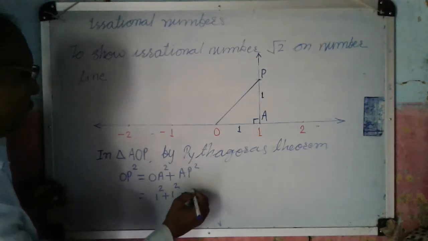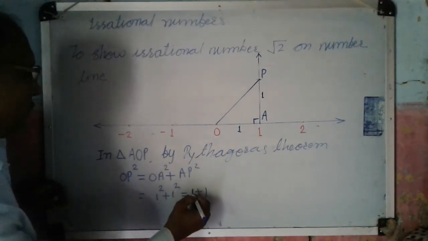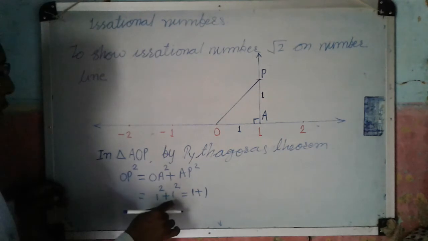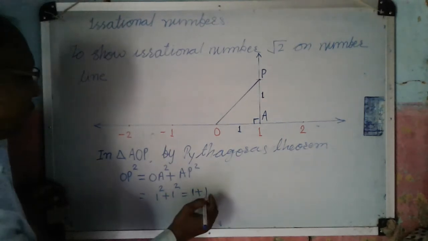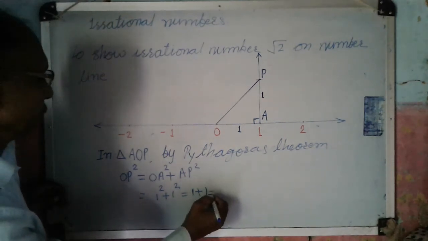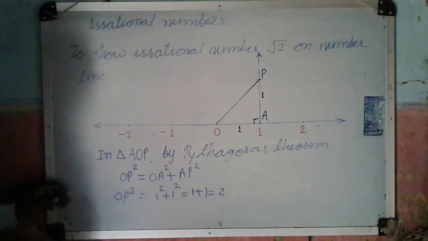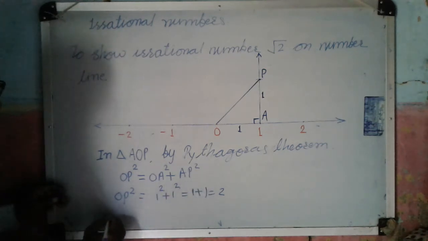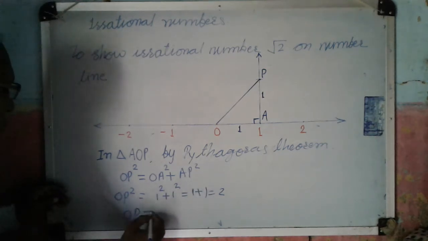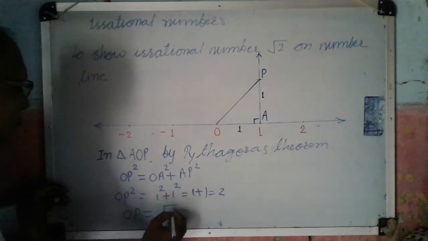So we get 1 plus 1. Square of 1 is 1. So here 1 plus 1 is equal to 2. So OP square is equal to 2. So by taking square root of both sides, we get OP is equal to root 2.